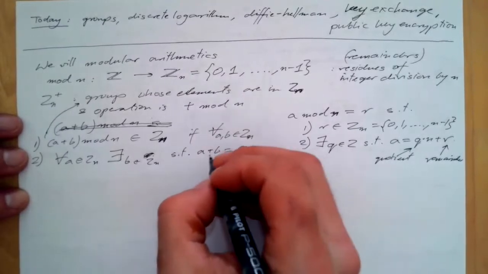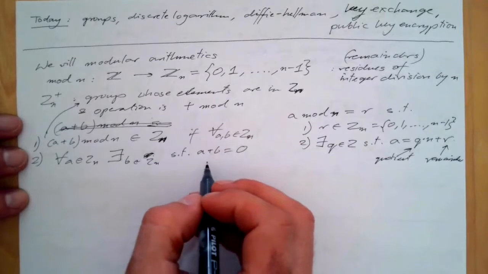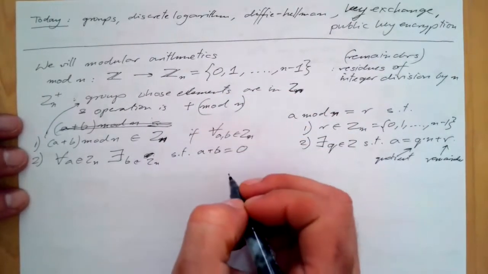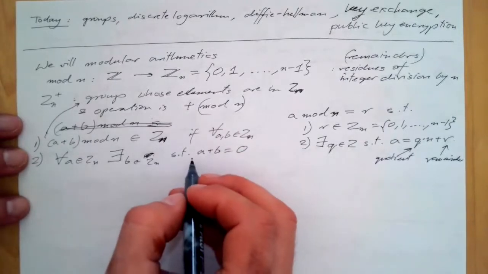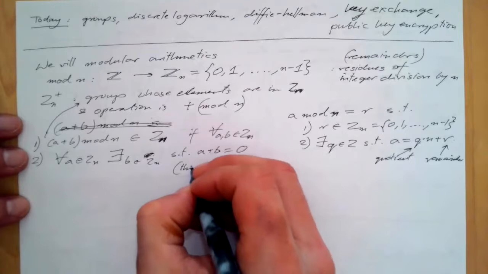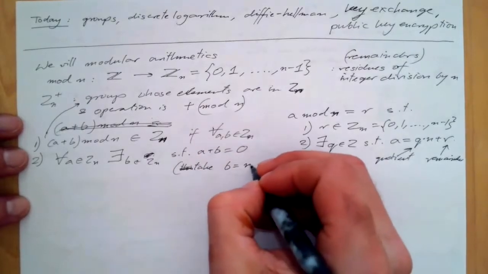Well, this operation is modular addition. So what is b? Take b equal to n minus a.